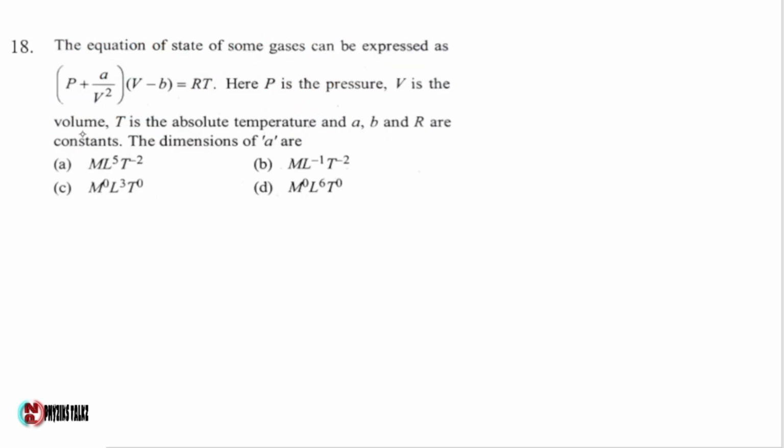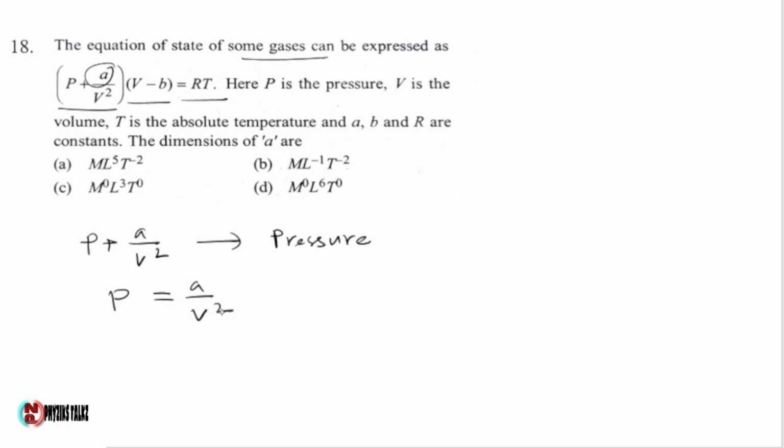Next question. The equation of state of some gases can be expressed as P plus A by V squared, V minus B equals RT. We have to find the dimensional formula of A. Now P plus A by V squared is pressure, so P and A by V squared are dimensionally equal.